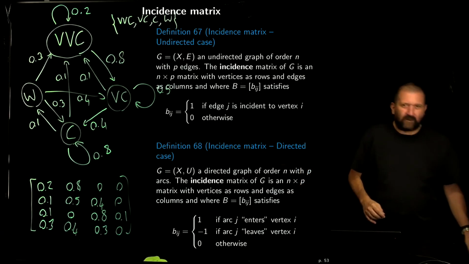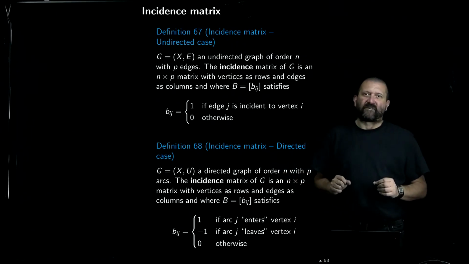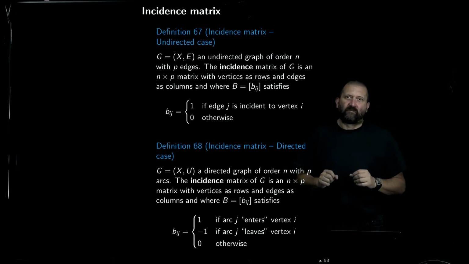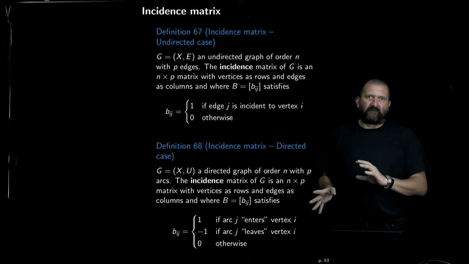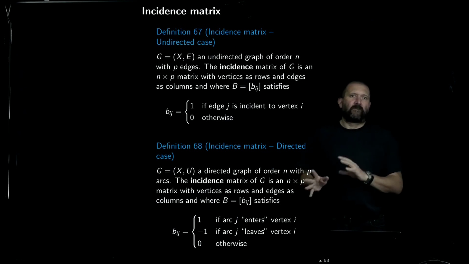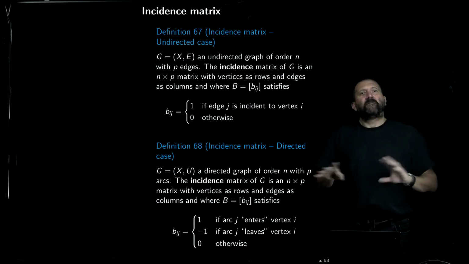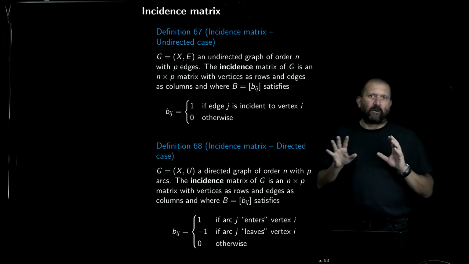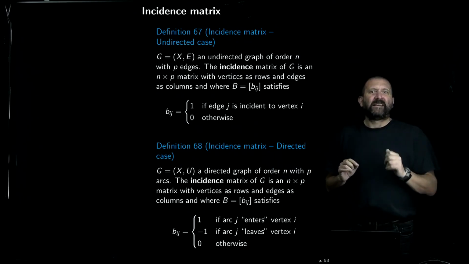And I need to erase again. Another type of matrix associated to a graph is what is called the incidence matrix. In this case, the definition is going to be a bit different depending on whether we are in the directed or undirected case. The idea is the same. Suppose you have a graph of order n, so with n vertices, and p edges.